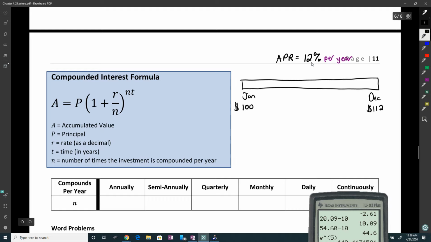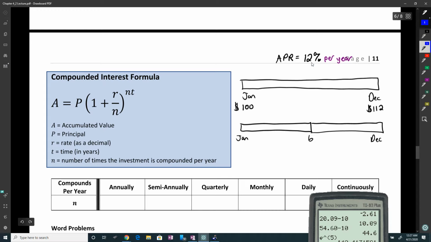But what compound interest does is it splits that up. I'm just going to put 6. The APR said it was 12% per year. They're still going to say that that's true, but they're going to split it as 6% and 6%, because 6 plus 6 is 12.